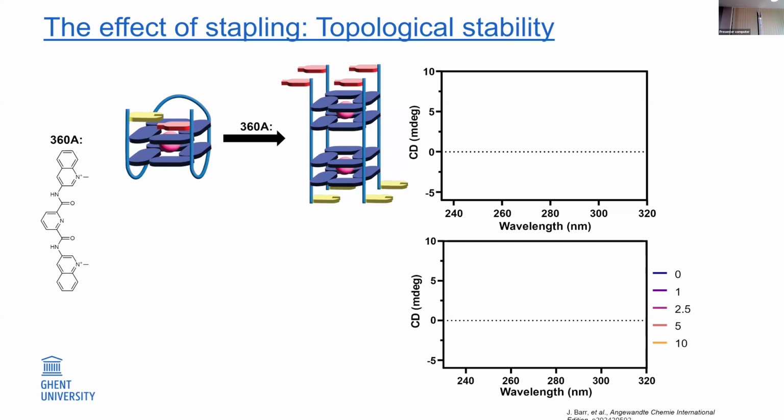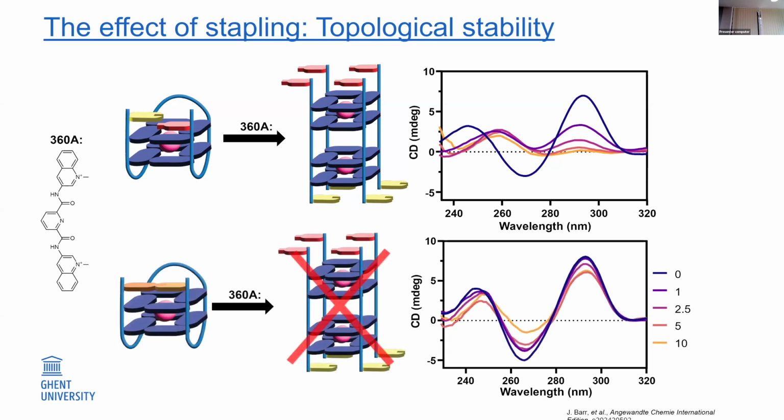We discovered that the small molecule is actually able to produce either a parallel, unimolecular G-quadruplex or multimeric parallel G-quadruplex from PNA. And what you can see here is that the characteristic maximum of the antiparallel structure of the G-quadruplex completely diminishes, and then it forms this 260 nanometer maximum, which is typical of parallel G-quadruplexes instead. But mostly, the very interesting thing is that this is stable. Even after the addition of 10 equivalents of our ligand, we don't have any change in the conformation of our stapled structure.